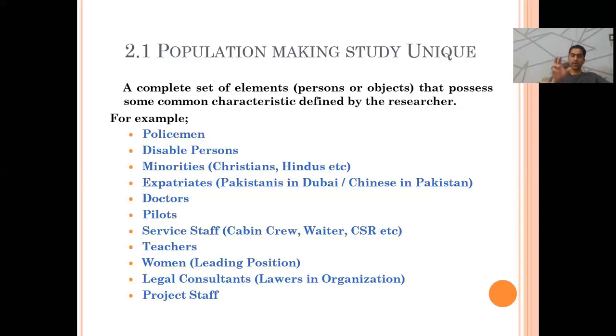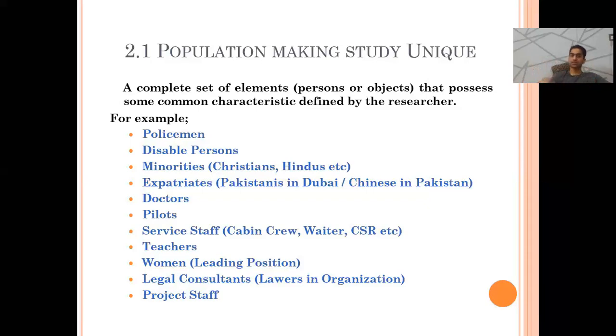Now you have to think about any issue or variable, those who are related with these populations. Policemen, what should be the topic of the research or the variable of interest for the policeman domain?